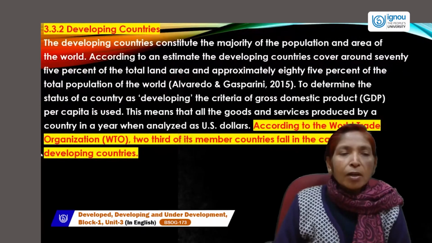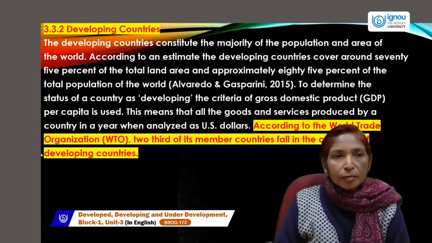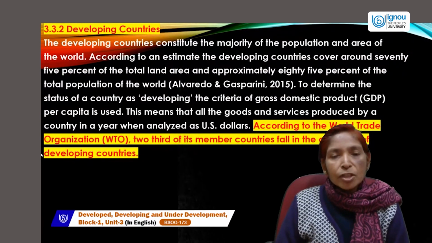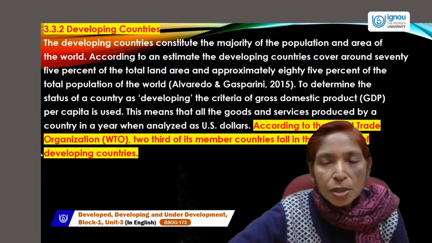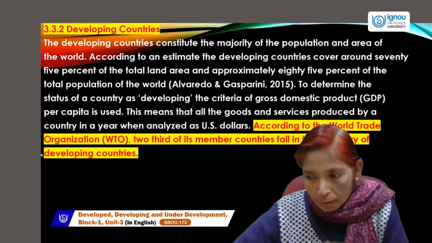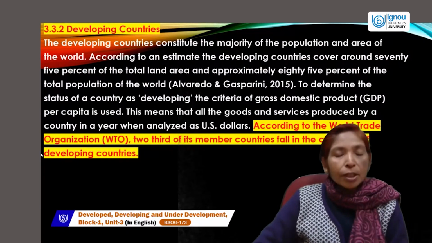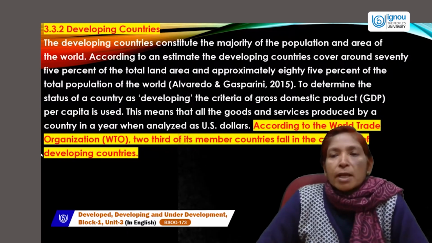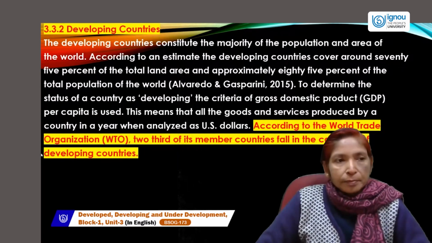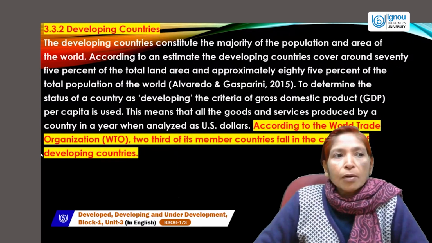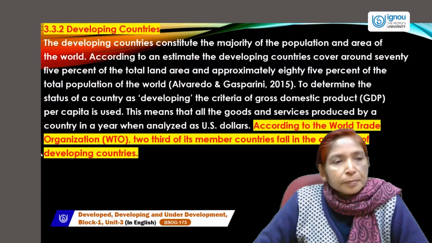Now, what is the meaning of developing countries? Developing countries are those countries which have a higher or huge population. Developing countries constitute the majority of the population and the area of the world.